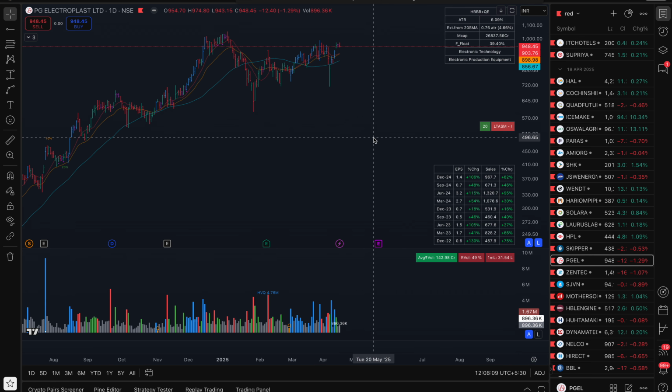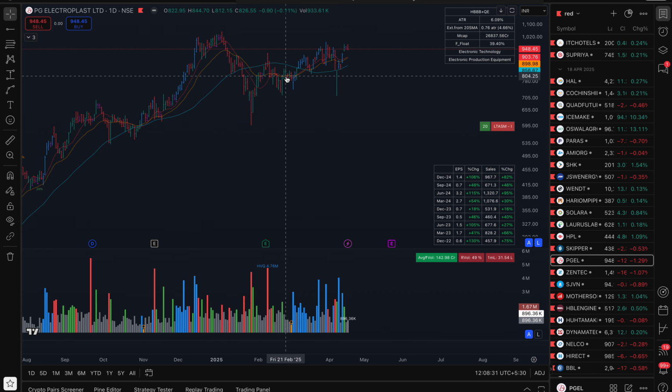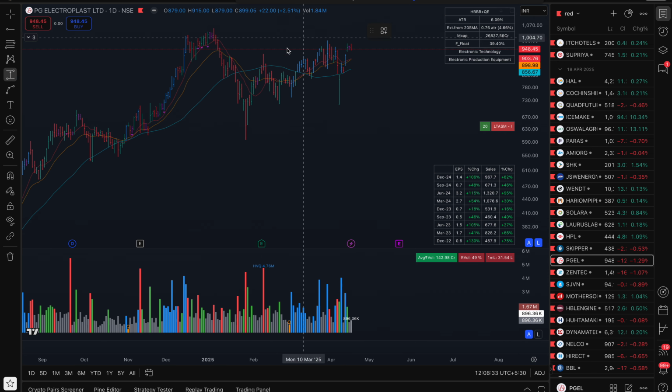I really like this because it looks like the EMS sector is a sector which has a decadal theme, and it probably is at the nascent stages again. So there's a continuation big base, it went up, gave back a lot of the gains, but recovered it quickly as well.